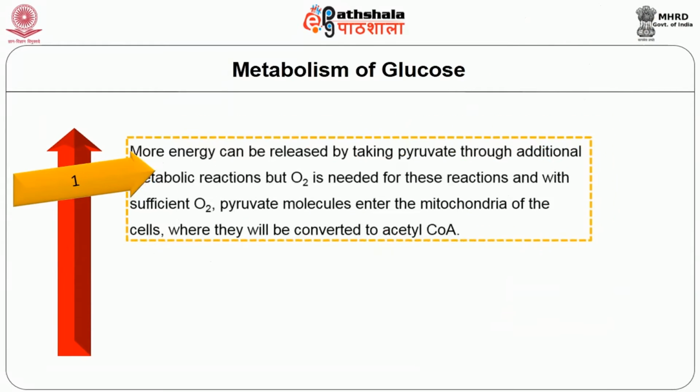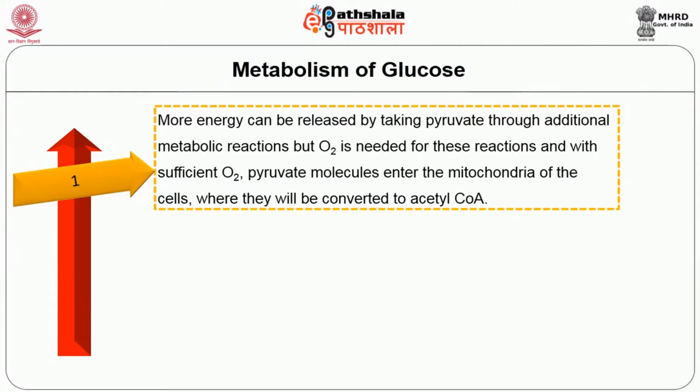More energy can be released by taking pyruvate through additional metabolic reactions, but oxygen is needed for this reaction, and with sufficient oxygen, pyruvate molecules enter the mitochondria of the cells where they will be converted to acetyl-CoA.